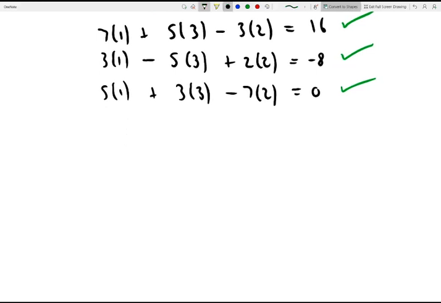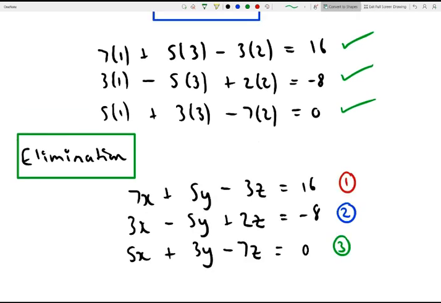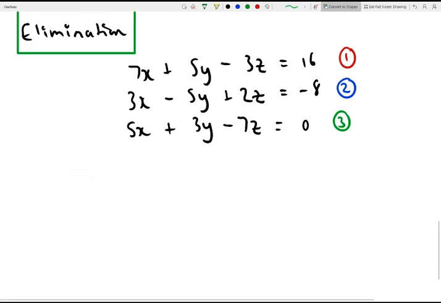So let's look at solving the system using the second method, which is elimination. And let's quickly remind ourselves of the system. So here is the system, again with the same labeling we had before.